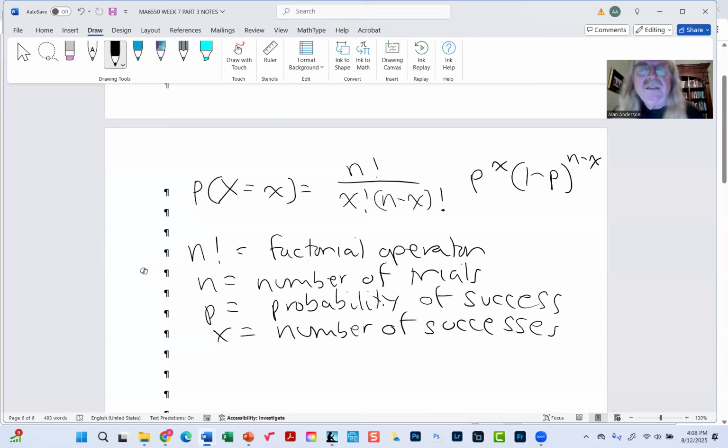Okay, so that's the binomial distribution. As we keep increasing the number of trials, in the limit you'll see that we're creating a normal distribution.